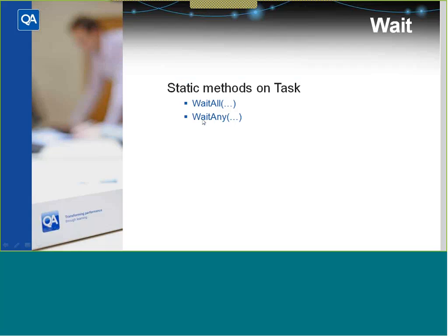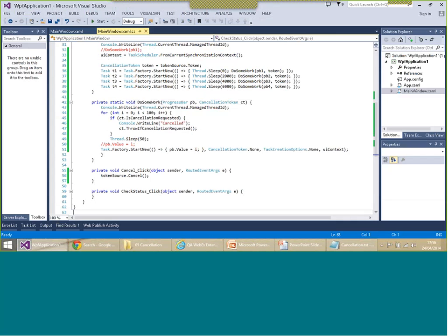So let me add a wait into what I've just done. So first of all, I'll make a note of the tasks that are in progress, such that I can cancel them. I'll get their status.